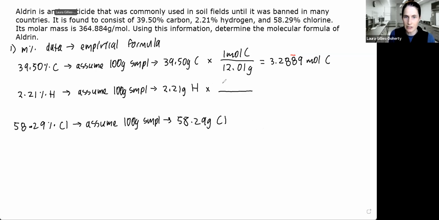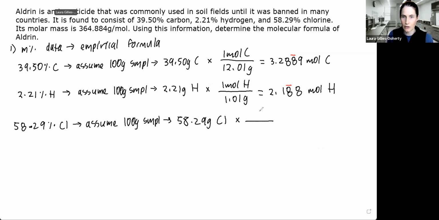Okay, let's do the same thing with hydrogen. For every 1 mole of hydrogen, that weighs 1.01 grams. So 2.21 divided by 1.01 gives me 2.188 moles of hydrogen. And same thing with my sig figs. I should have rounded that to 3 if that was the end of my calculation, but since it's an intermediary step, I want to keep an extra sig fig to make sure that the rounding doesn't mess up my final answer.